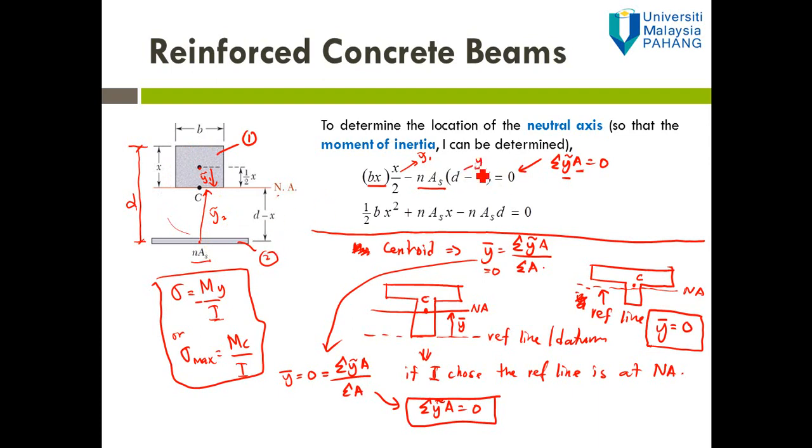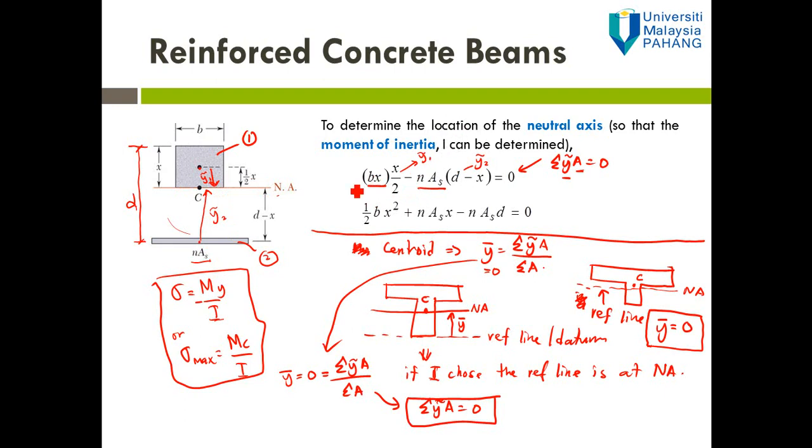So that is the y2. Why do we have negative here? Because one y is in this direction and the other y is in the opposite direction, so we have minus.